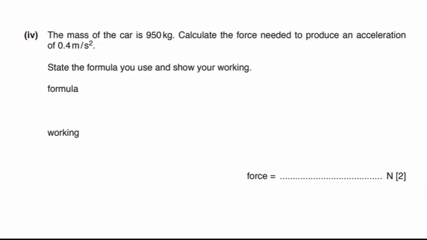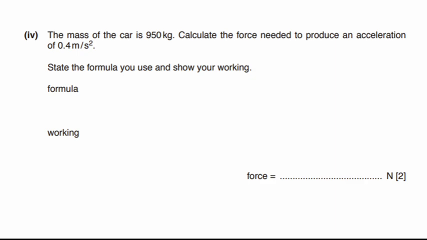We're then told the mass of the car, and we're asked to calculate the force needed to produce this acceleration. You're asked to state the formula and then show your working. So this is an older style of 0654 question, where they tell you what to write down. The formula we're going to write down, well, we know mass, we know acceleration.